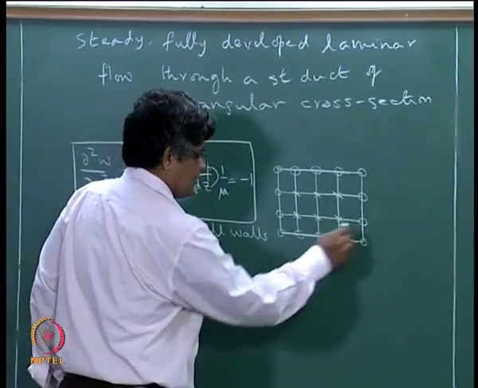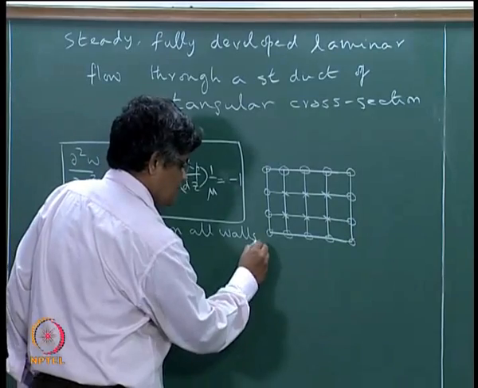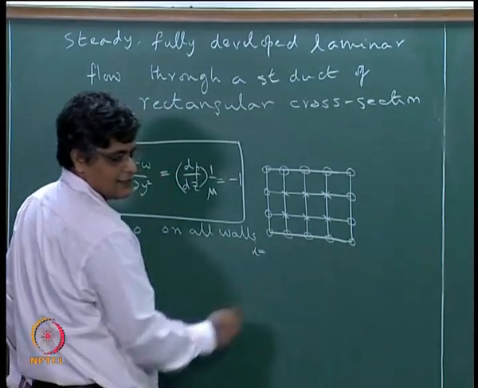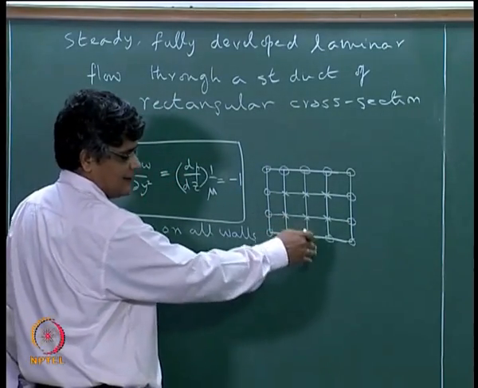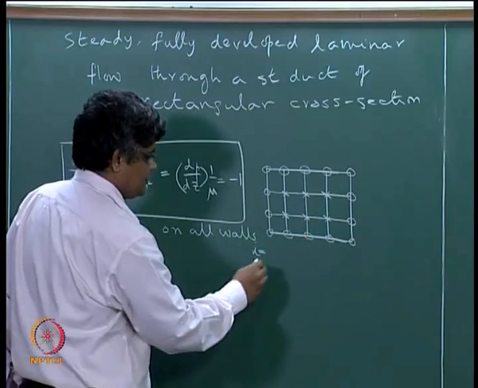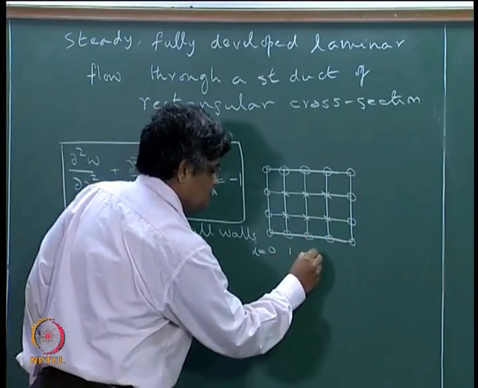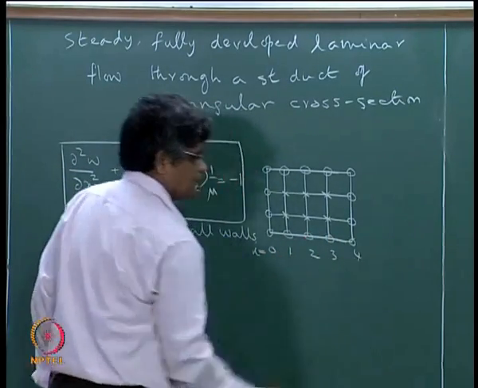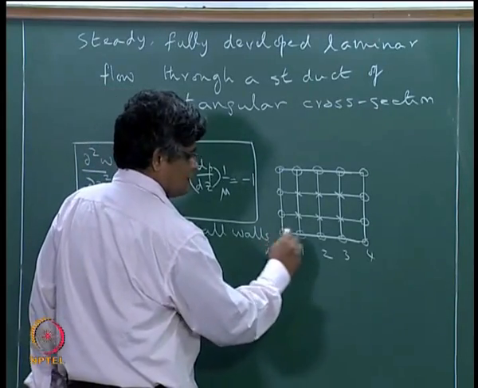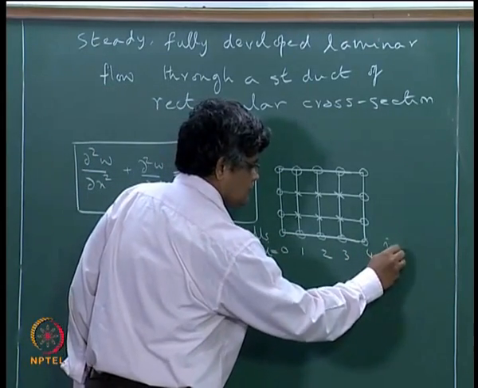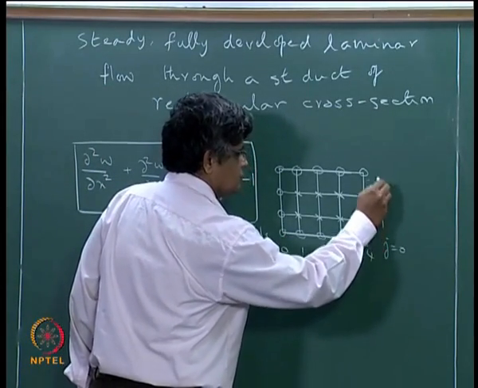So we have to put some numbers here. So we will put i in the x equal to constant planes to be 0, 1, 2, 3, 4, and j equal to 0, 1, 2, 3.